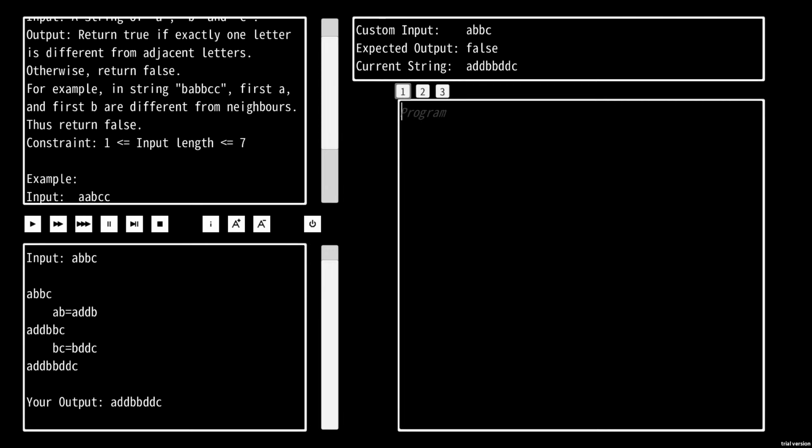Between A's and B's is fine. What I need to do is that between a B and a C, I need to basically do BA and then have some marker, right?